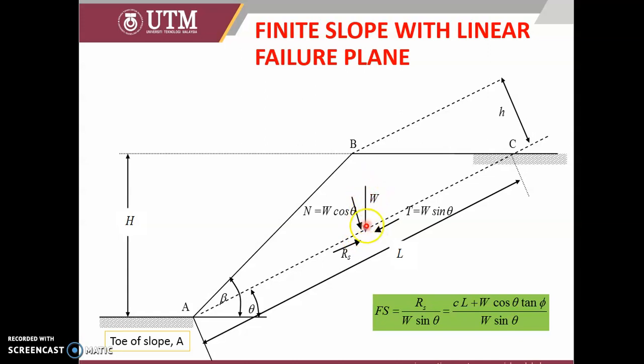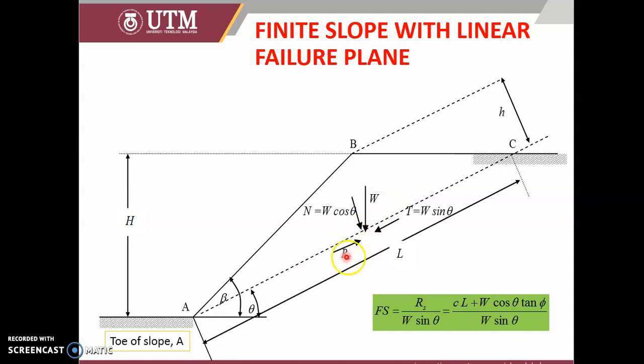If we are interested in checking the factor of safety, we can check the normal stress, which is related to the weight of the soil, and also the resisting force.